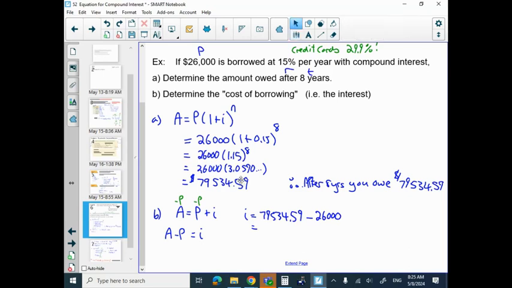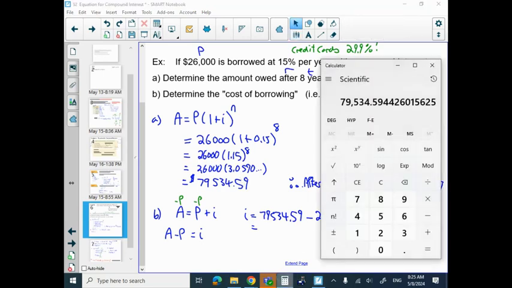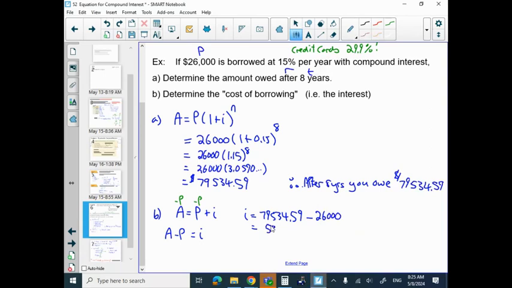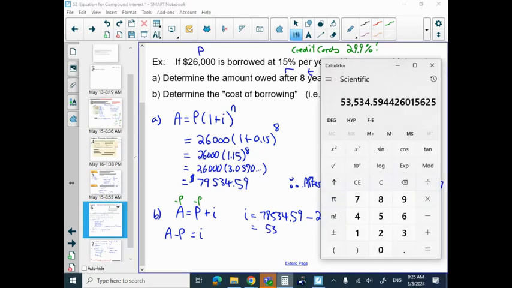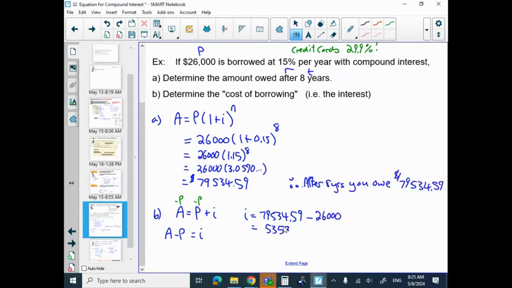So that would give us, I still have that number in, which is good, take away the 26,000. And so we have 53,534.59 in interest. So I'm just going to say, and the interest paid is $53,534.59.